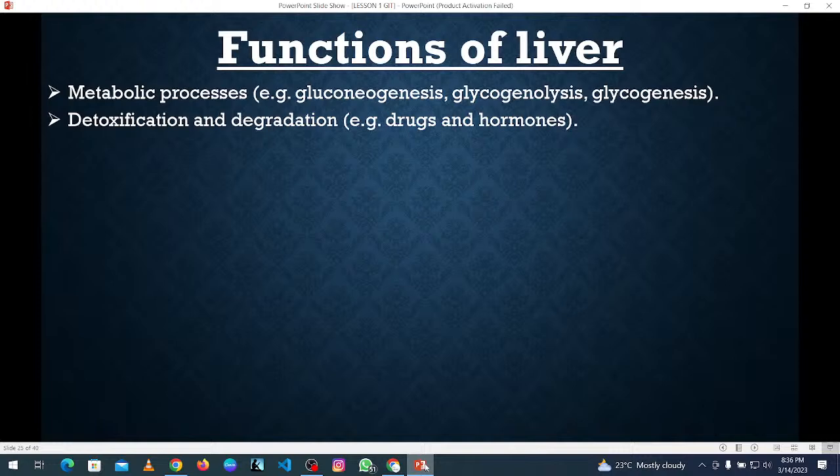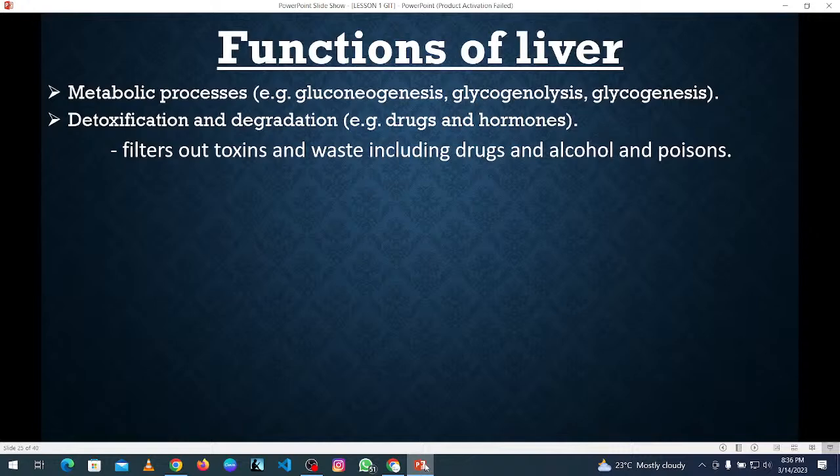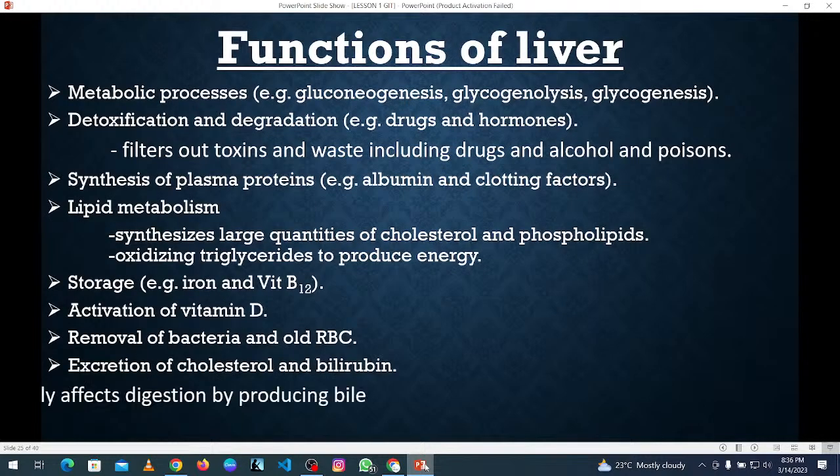So we have detoxification. Actually, the liver is very helpful when it comes to releasing waste in our system. It filters out toxins and waste, including drugs, alcohol and poisons.